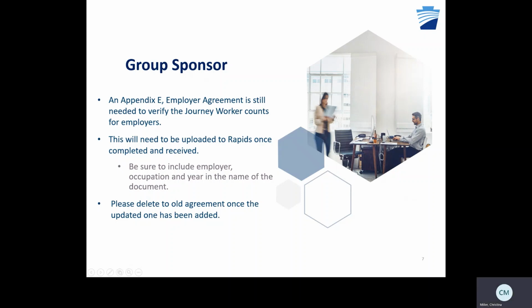You will find this very beneficial because as your program grows and you add more employers, and some of those employers start putting apprentices in multiple occupations, this will make it very easy for you at a glance to look at the program documents for that employer and see how many agreements you have on file, what occupations they go with, and if the program agreement that you have on file is relatively recent or if it's a few years old. And you'll see this when we go into Rapids in just a few moments here.